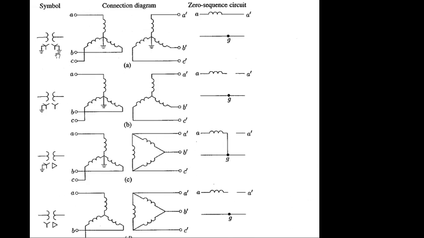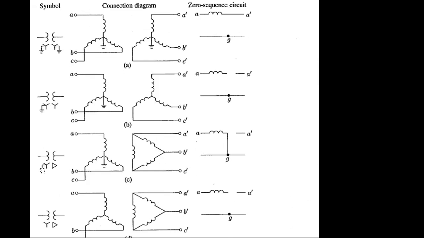The first possibility, the transformer may have Y configuration, right? That Y may be grounded, that Y may not be grounded. First one, both sides, primary and secondary, will have ground connection. But second case, you have only primary ground, secondary open.